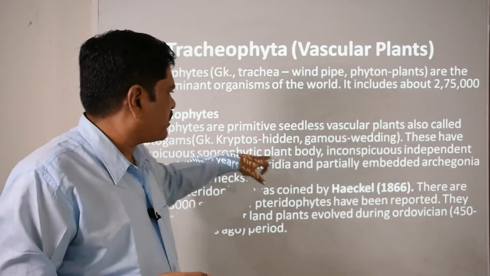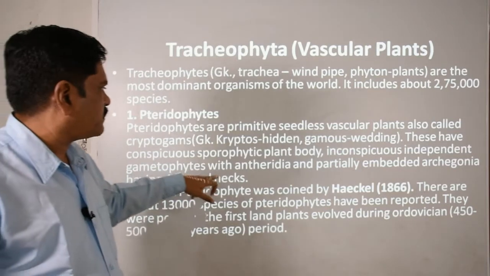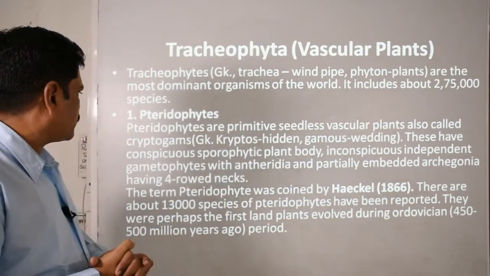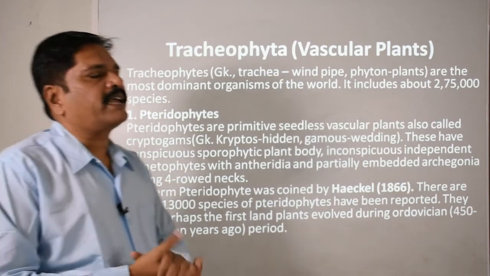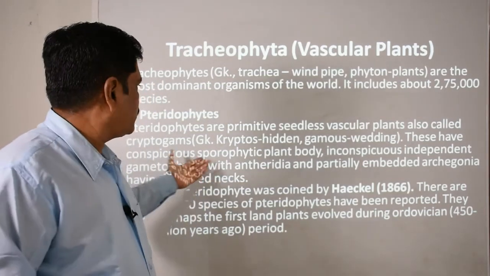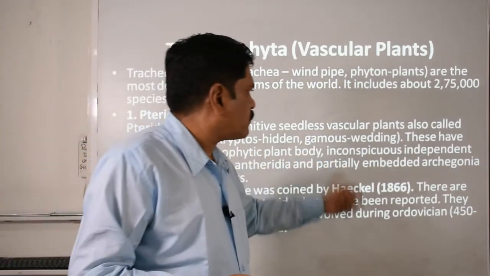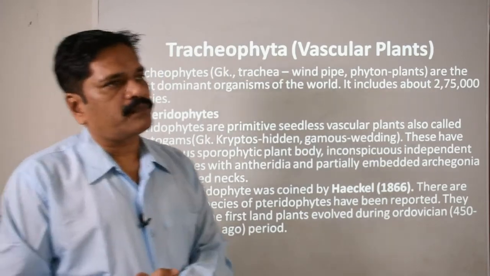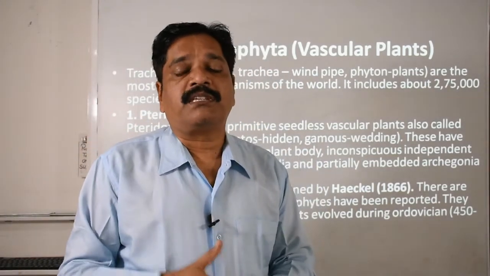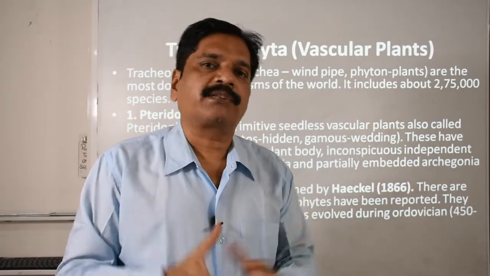These have a conspicuous sporophytic plant body, inconspicuous independent gametophytes with antheridia and partially embedded archegonia having 4-row neck cells, clear. Remember the words conspicuous and inconspicuous: inconspicuous means not attractive, not noticeable, not fully exposed.